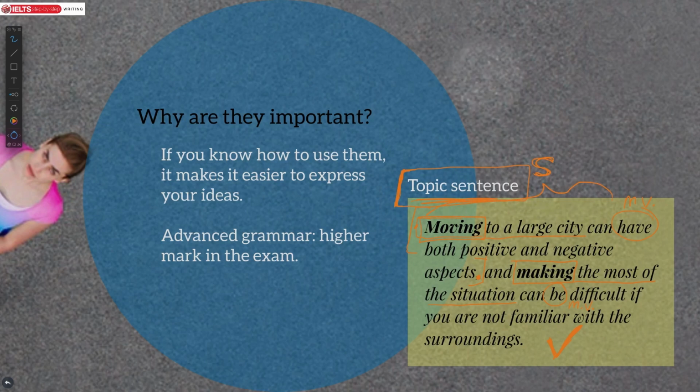Subject of a sentence, remember English, S, V, and sometimes O for object. Subject, verb, object. At least in English and most European languages, that's the order of the grammar. So there's the subject, moving to a large city, verb, can have, and then complement, in this case, both positive and negative aspects.